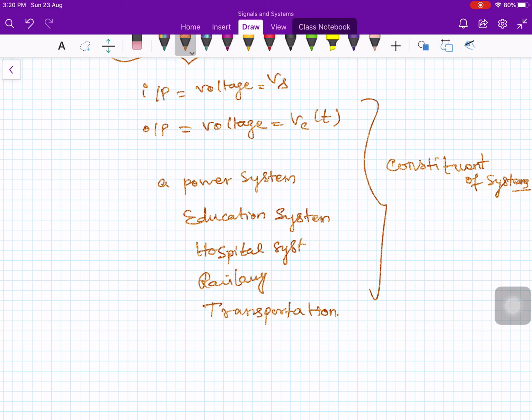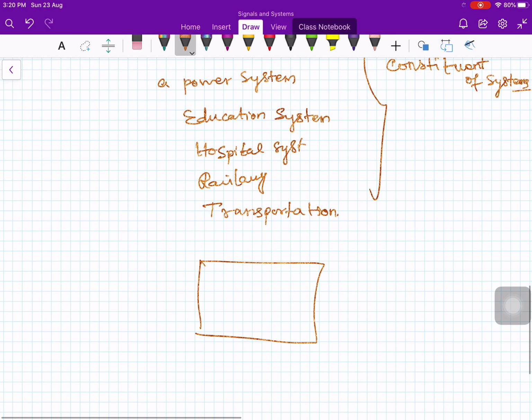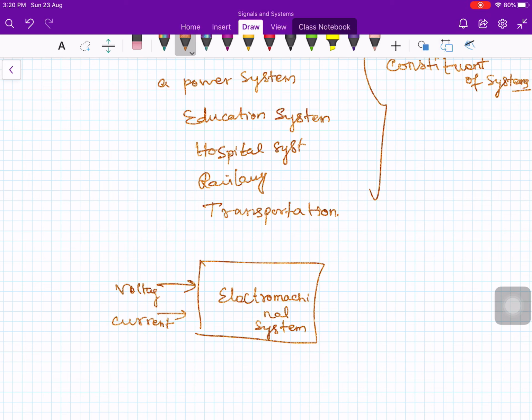For example, if you are talking about electromechanical systems, you may have electrical variables like voltage and currents associated with the electrical components, and similarly mechanical variables like force and velocity, which describe the status of the mechanical components at the particular point in the system.